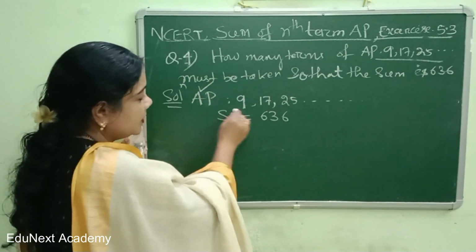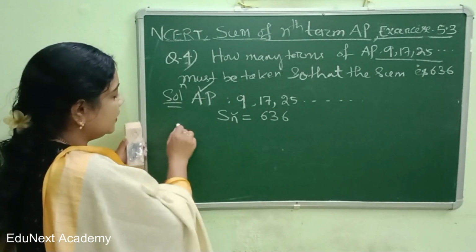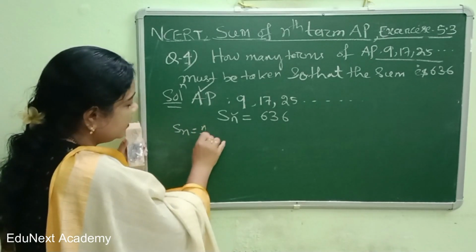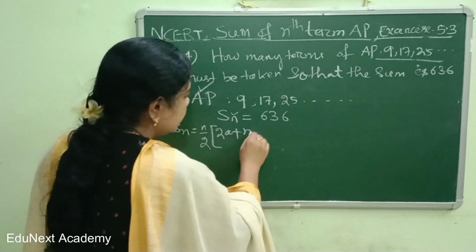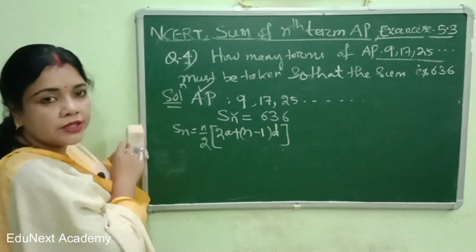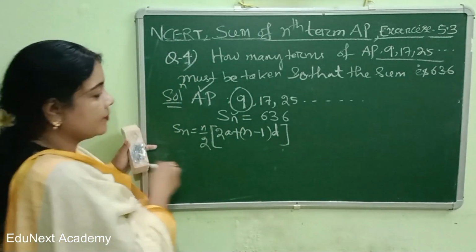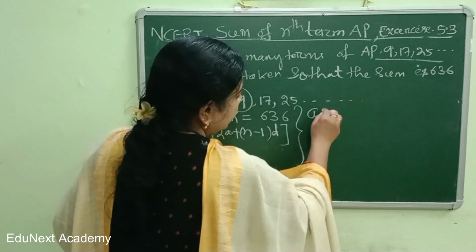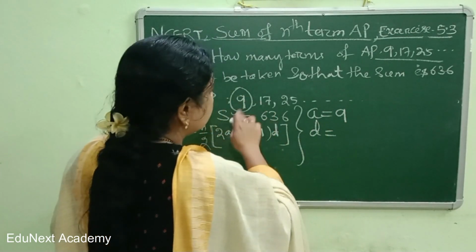We have to calculate this n. The formula is S of n equals n by 2 into 2a plus n minus 1 into d. Here a is the first term and d is the common difference. So here a is 9 and d is 8.